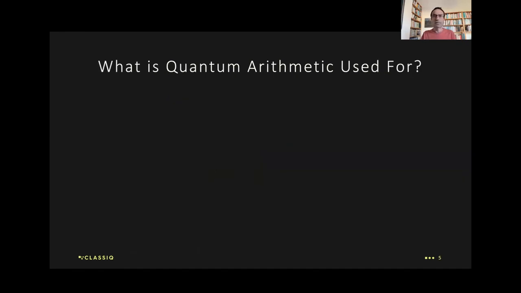What's quantum arithmetic used for? Well, some argue that it's completely ubiquitous in quantum algorithms, or going to be, and you can easily recognize some of the most important algorithms.